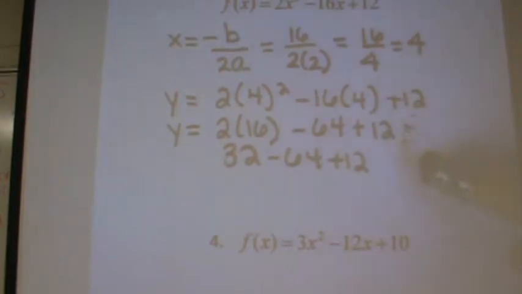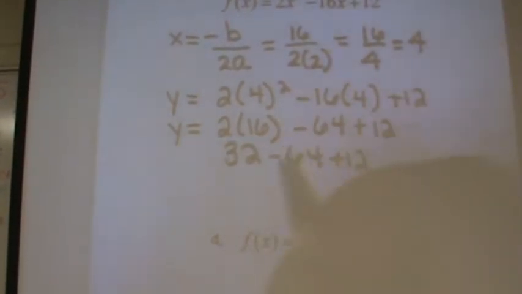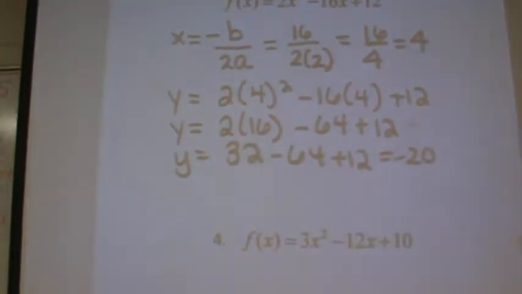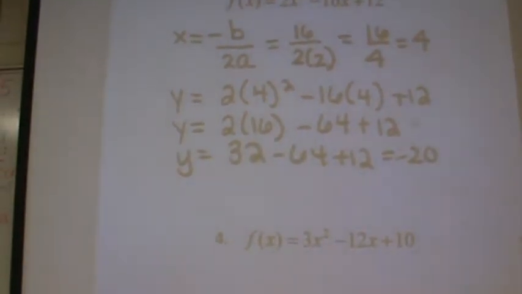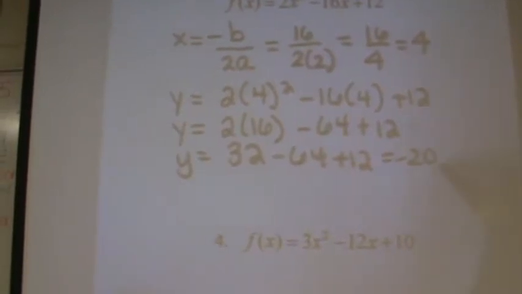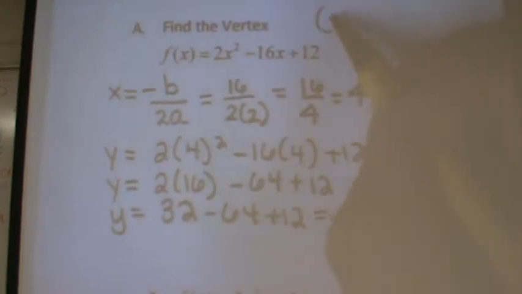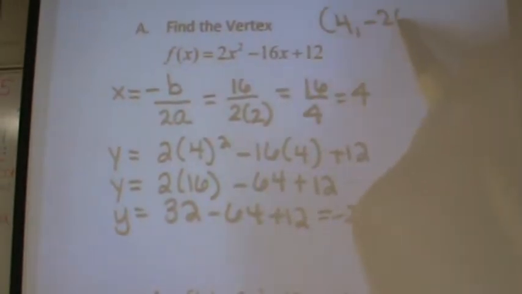I get negative 20. Did you get negative 20? So 4 and negative 20 is your vertex. So find the vertex. It's 4, negative 20.